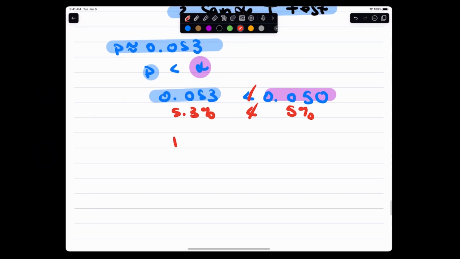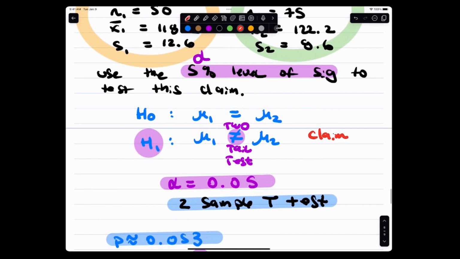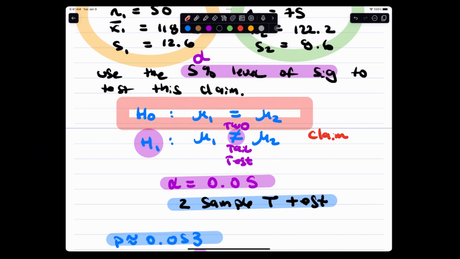What does that mean? We have to keep the what? You keep the null. So in this case, the null doesn't go. And you say, okay, keep the null. If you keep the null, you got to get rid of the what? The alternate. What did we just get rid of? By getting rid of the alternate, we got rid of the, excuse me, we got rid of the claim.